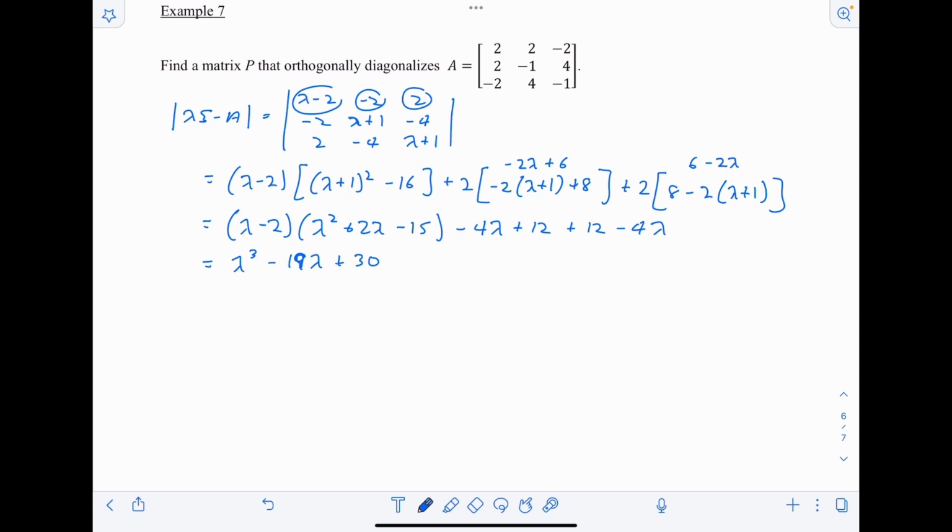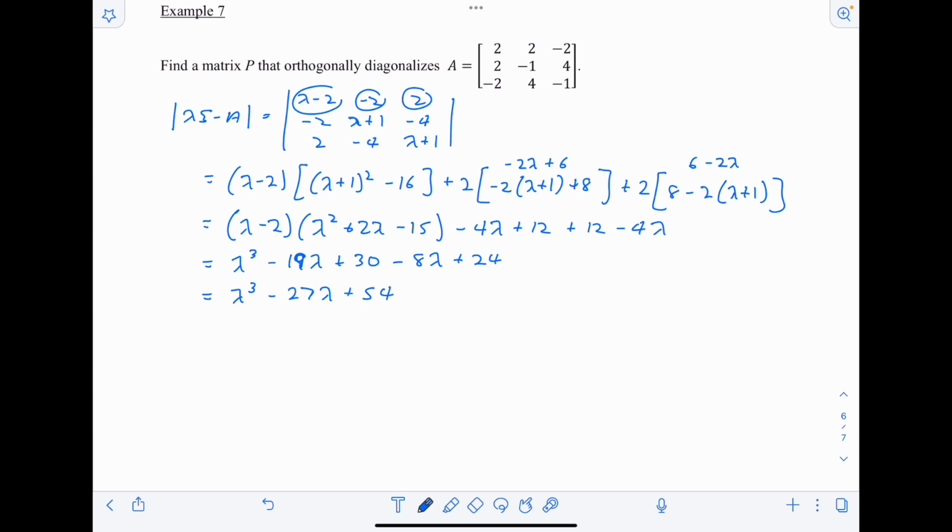And then on the outside, we've got a negative 4 lambda, and a negative 4 lambda is negative 8 lambda, plus 24. All right, so that is lambda cubed minus 27 lambda plus 54.